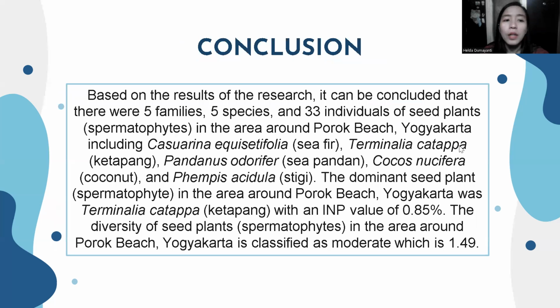Conclusion. Based on the result of the research, it can be concluded that there were 5 families, 5 species, and 33 individuals of seed plants in the area around Porok Beach, Yogyakarta, including Casuarina equisetifolia or sea pine, Terminalia catappa or ketapang, Pandanus odorifer or sea pandan, Cocos nucifera or coconut, and Pemphis acidula or stigi.